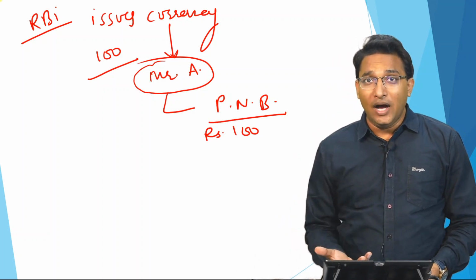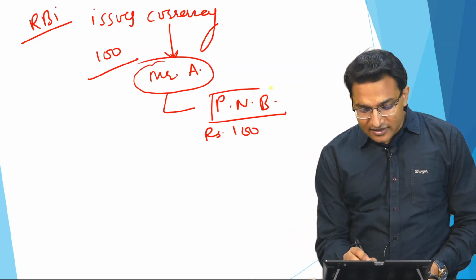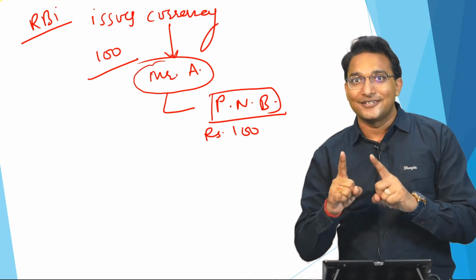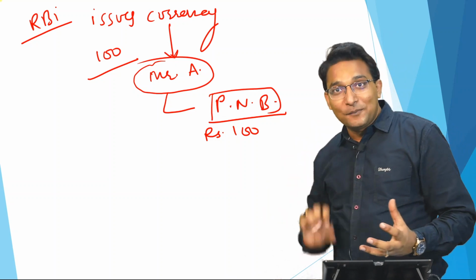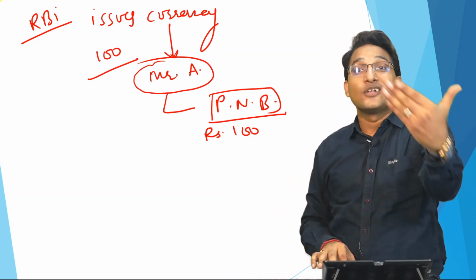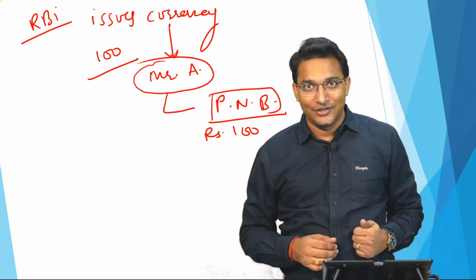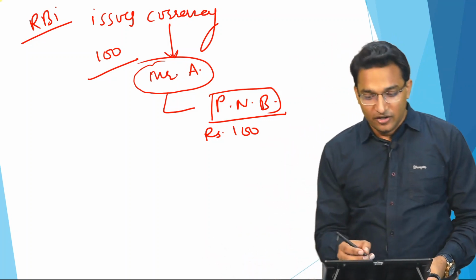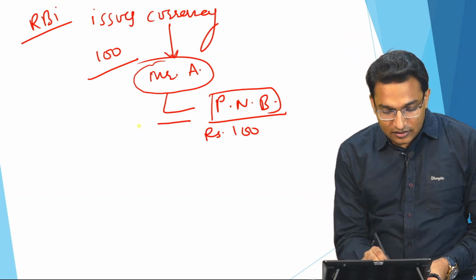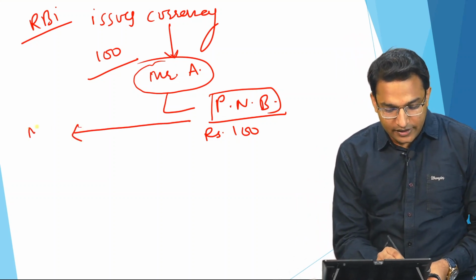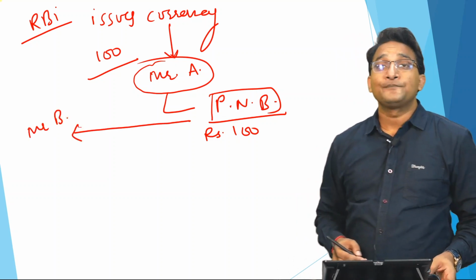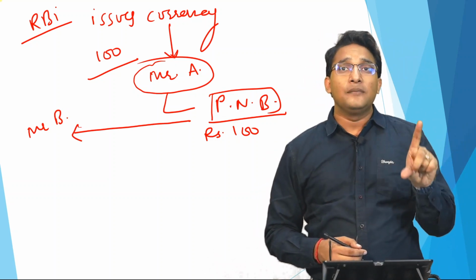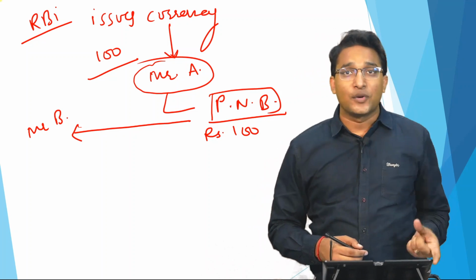What will PNB do now? The Punjab National Bank is a bank and the business of a bank is to earn profit by accepting the deposit and giving that money as a loan to the general public. So the Punjab National Bank, as a part of its business, will lend this money to Mr. B. Now, the question arises, how much money can PNB lend to Mr. B?